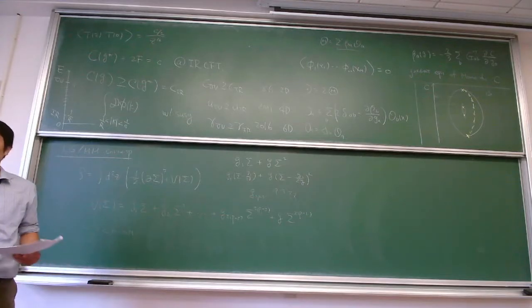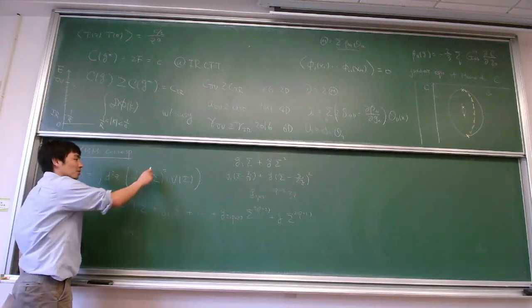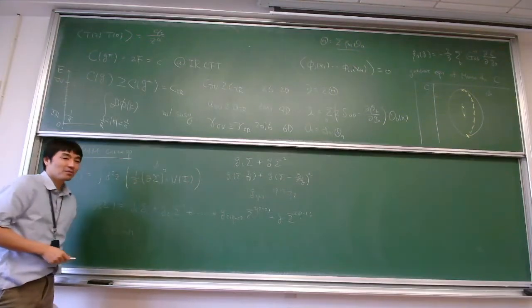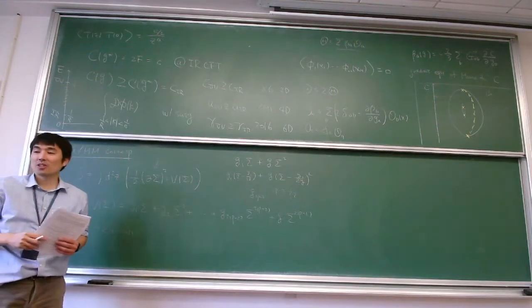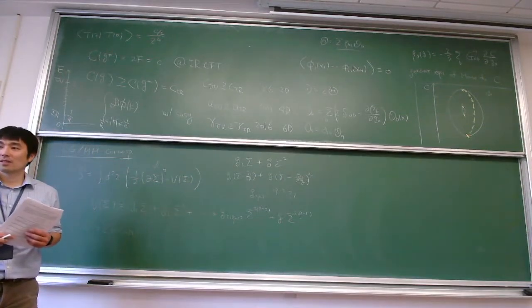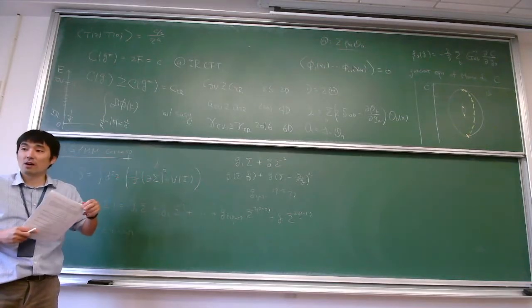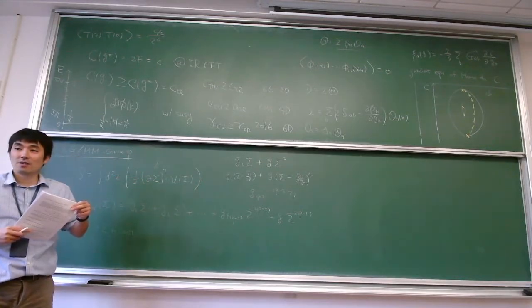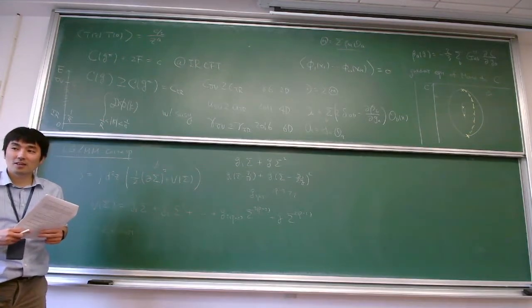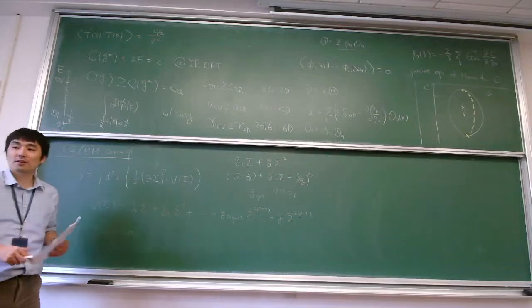Sigma is just a field, a scalar field. People usually write phi or something. It's just notation. It's just a scalar field, so it is a spin zero field.